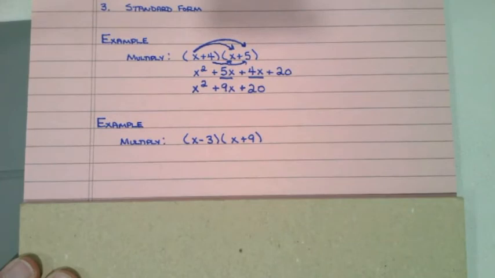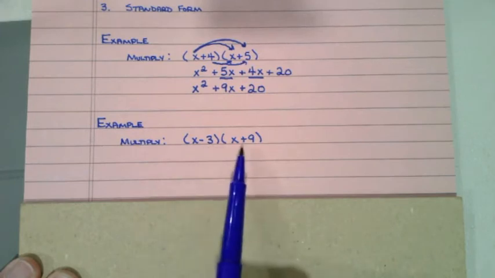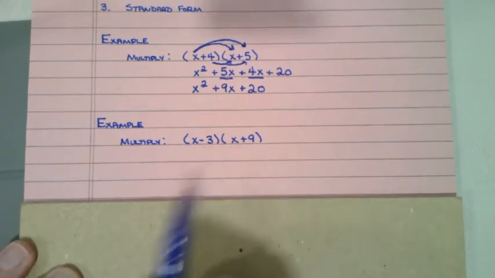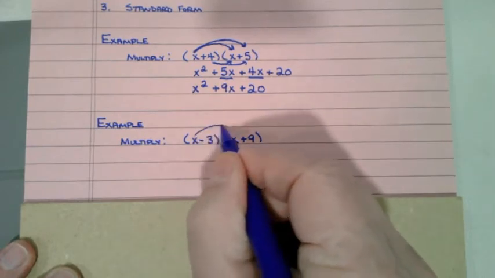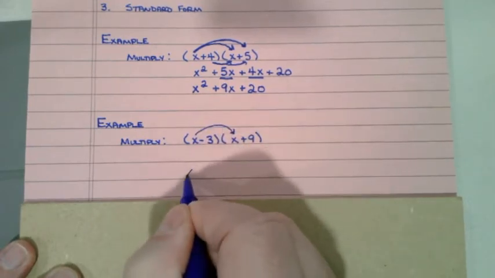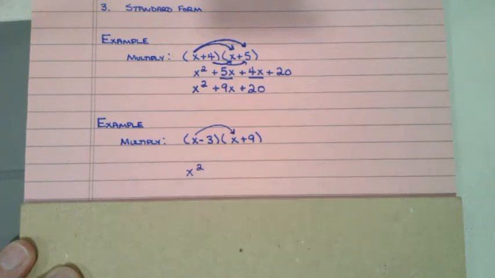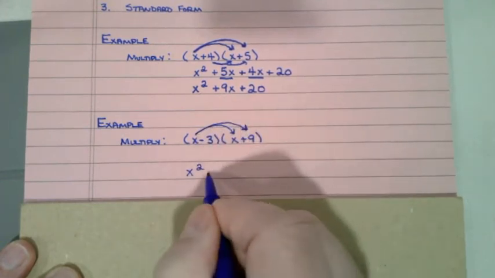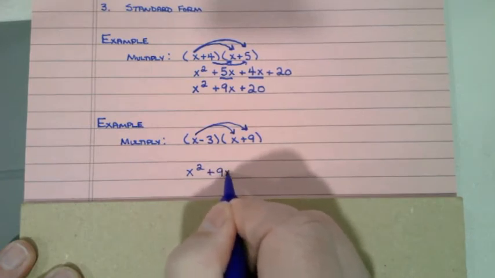Let's try another example. Again, I'm going to use my distributive property. I'm going to take each term in this first set of parentheses and multiply it to each term in the next set of parentheses. That means this x needs to be multiplied to each one of those. X times x gives me x squared. X times 9 gives me positive 9x.